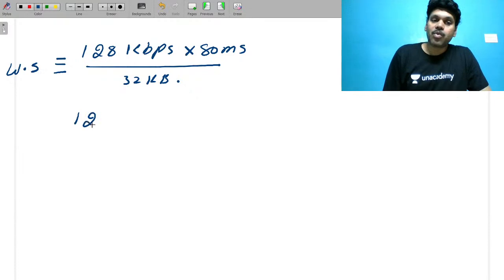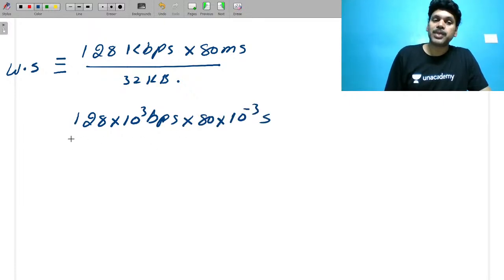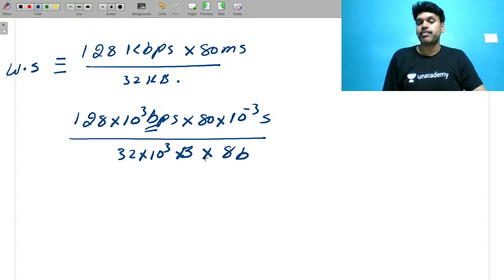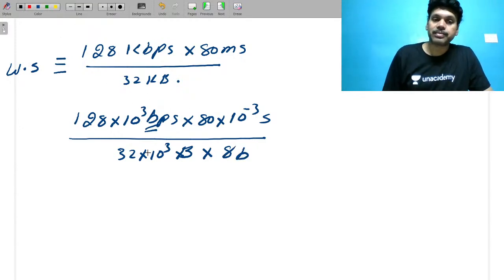Now see, 128 into kb means 10 power 3 bits per second into 80 into 10 power minus 3 s for ms, divided by 32 into 10 power 3, kb means, and numerator is in bits and denominator is in bytes, so we need to convert into bits. Now let us see your answer. So 10 power 3 cancels, 32 bytes into 8.